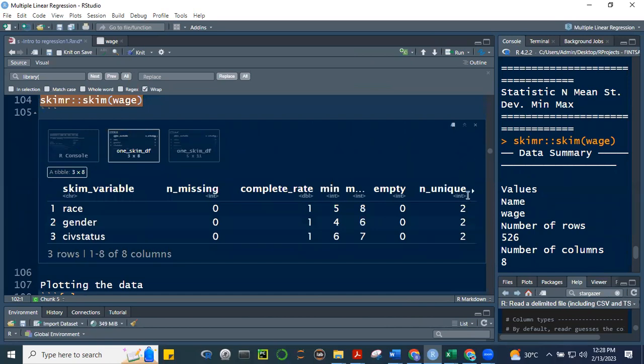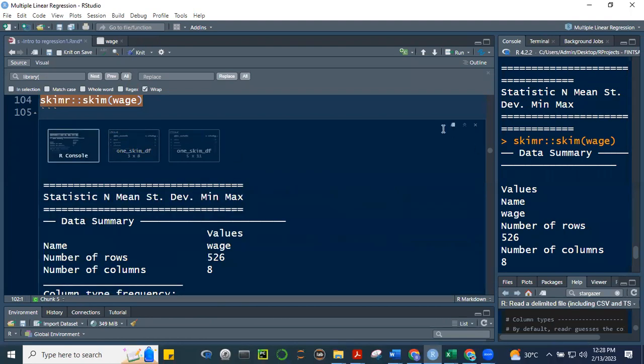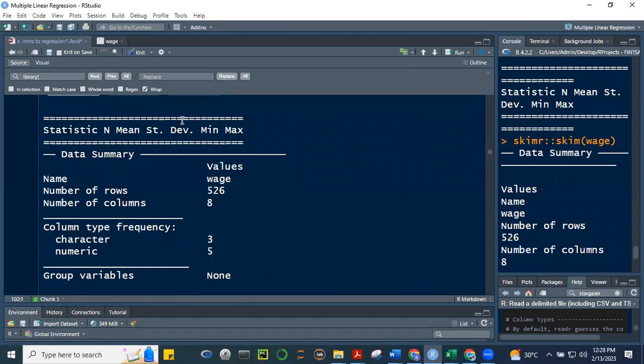Okay, so not so good. It didn't follow the stargazer. Take a look at this stargazer. All right, so it is in a table, data summary.